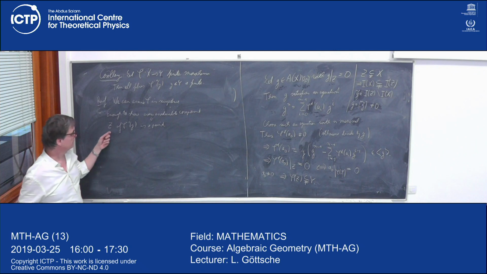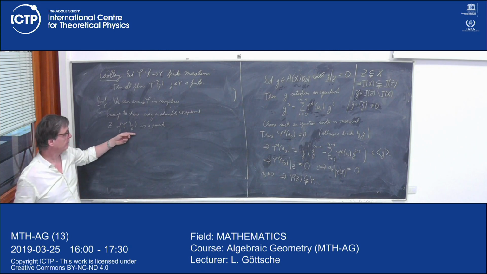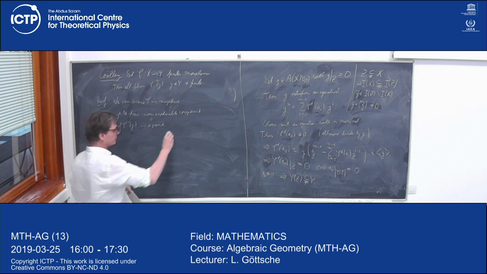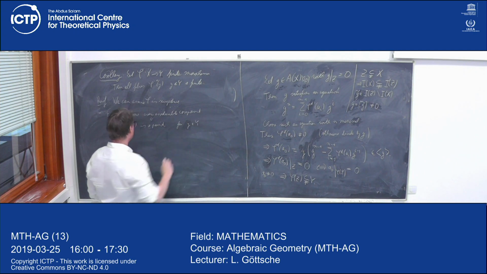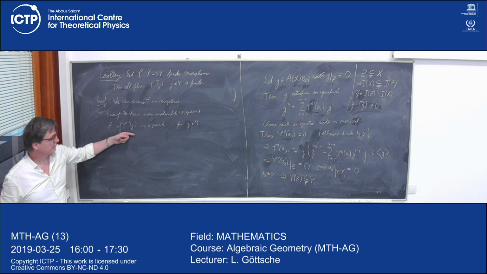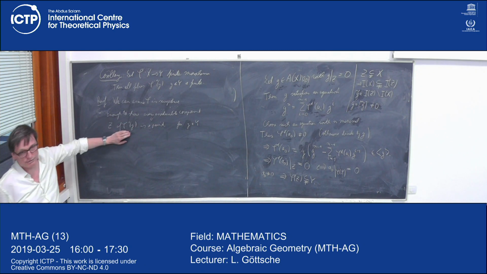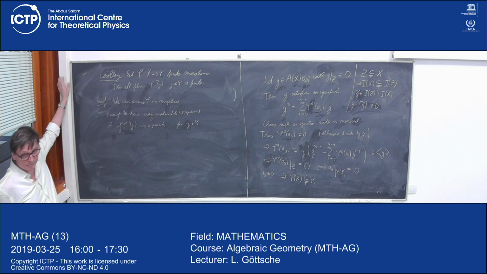For a point y in Y, the fiber phi to the minus 1 of y is the inverse image of the point, so it's a closed subset of X. So it's an algebraic set, and so it has finitely many irreducible components. If every one of these irreducible components is a point, then it consists of finitely many points.